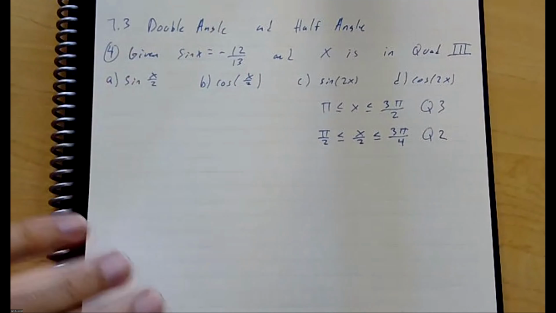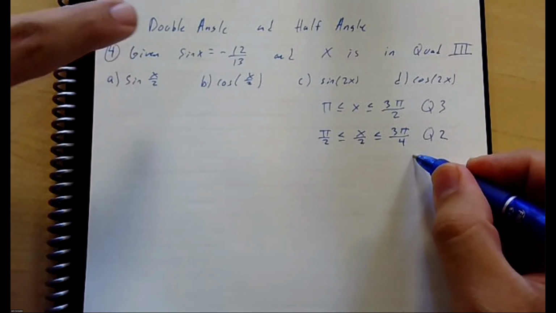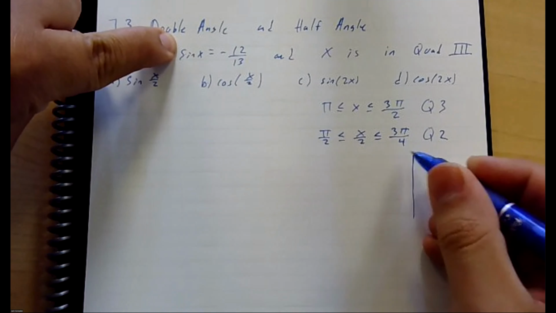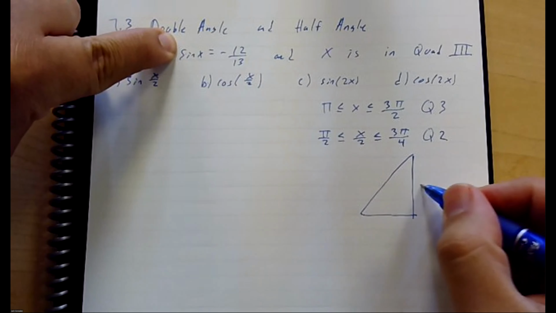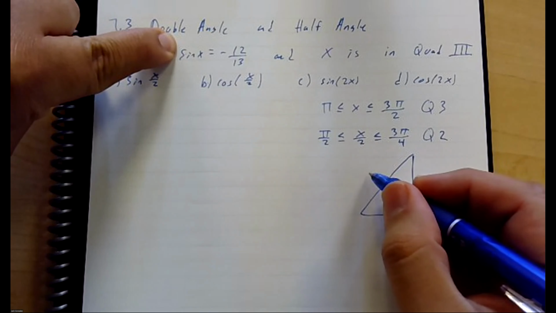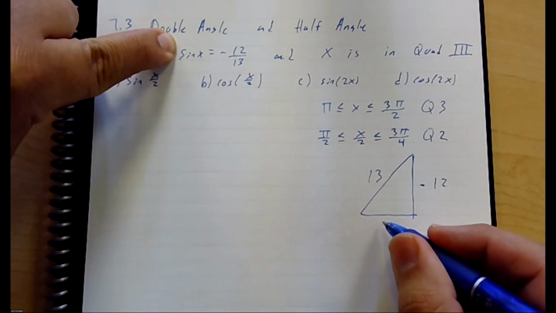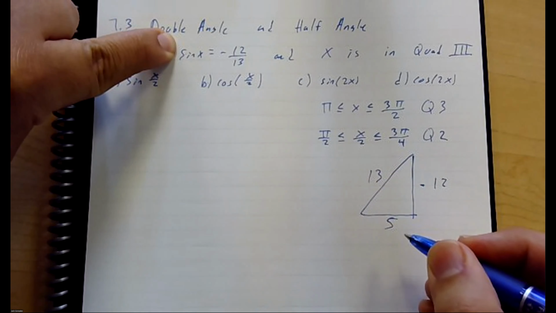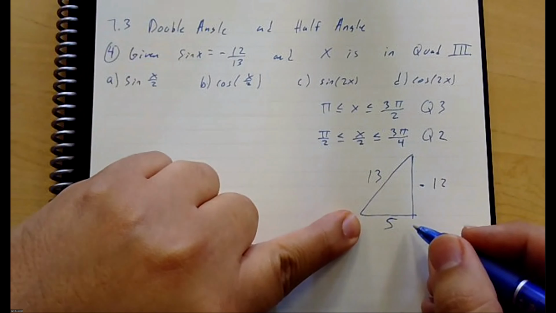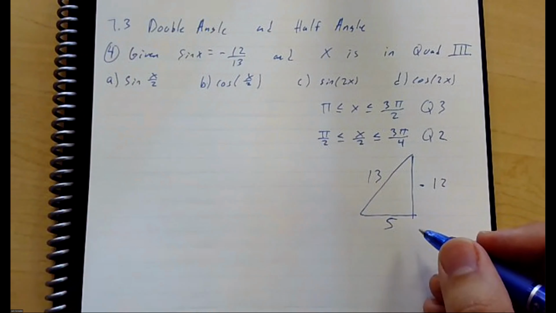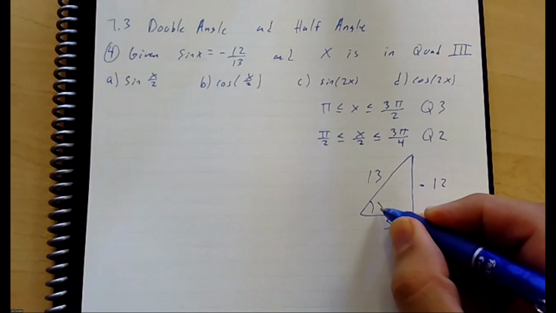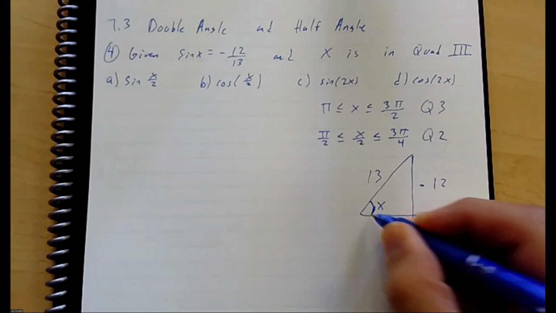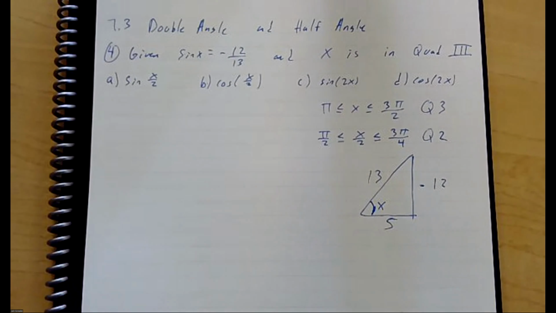Okay. So we're gonna have to build a triangle based on this information. Opposite, hypotenuse, and this is one of those magical triangles. It's a 5, 12, 13 triangle. If you want to solve for this side, go ahead. You're gonna get 5. Okay, but this is for x, right? Based on angle x. x is in which quadrant?